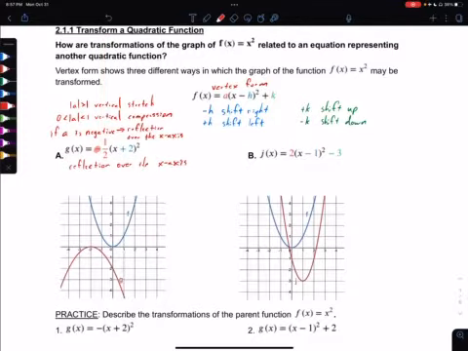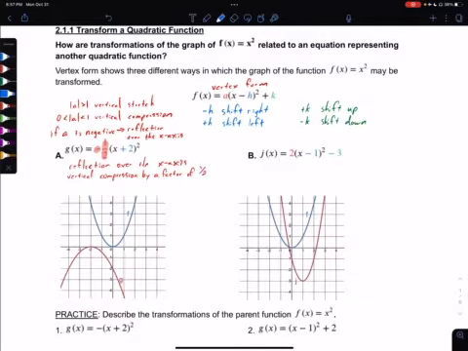The 1/2 will also affect something, and that also comes from a. The 1/2 tells us whether there's a stretch or a compression. 1/2 falls between 0 and 1, so this would be a vertical compression by a factor of 1/2.